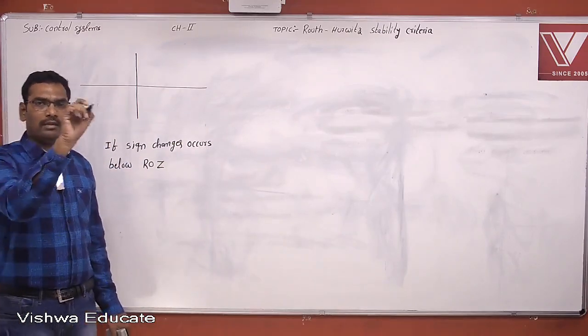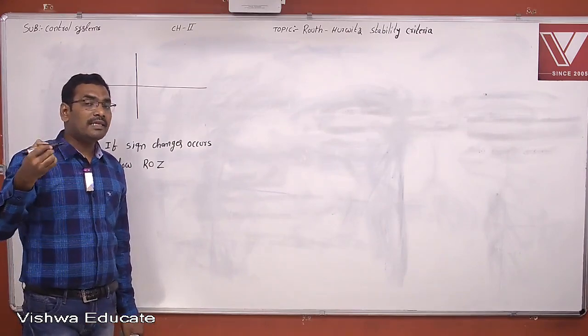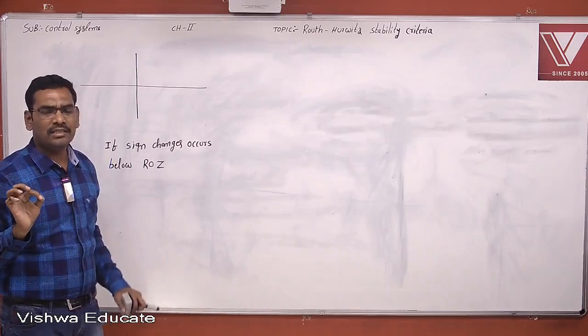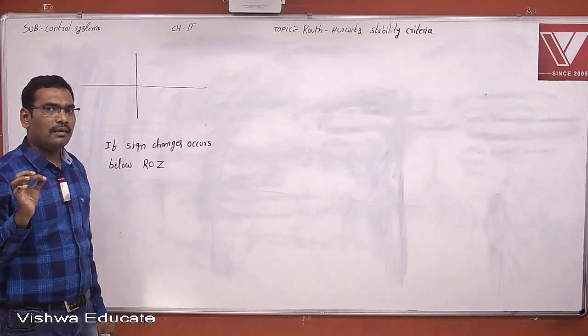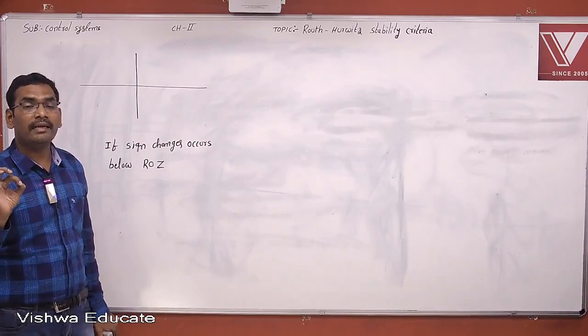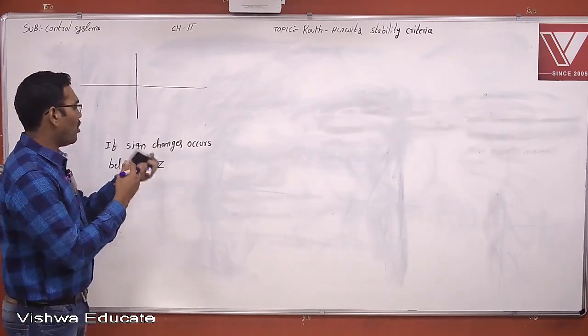It means there is a row of zeros, but there is a sign change below the row of zeros. If any sign changes occur below ROZ, then there exists a symmetrical pole with respect to origin.